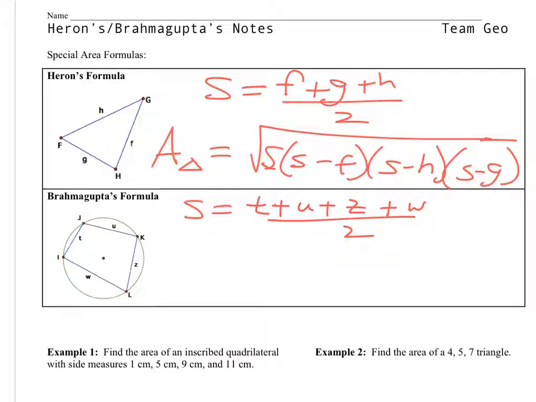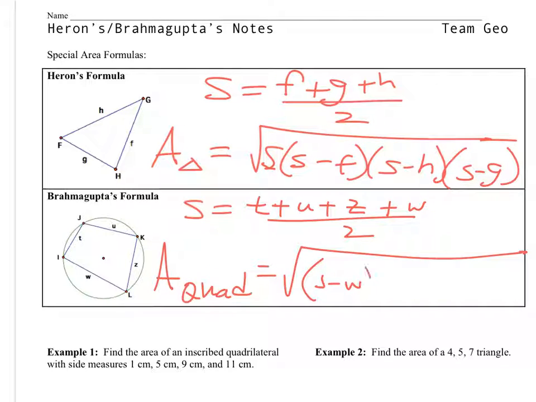All right, now on Brahmagupta's, the area of the quad is the square root of, the difference is you don't put the S in front, and that's the only difference. So it's S minus W times S minus Z times S minus U and S minus T.